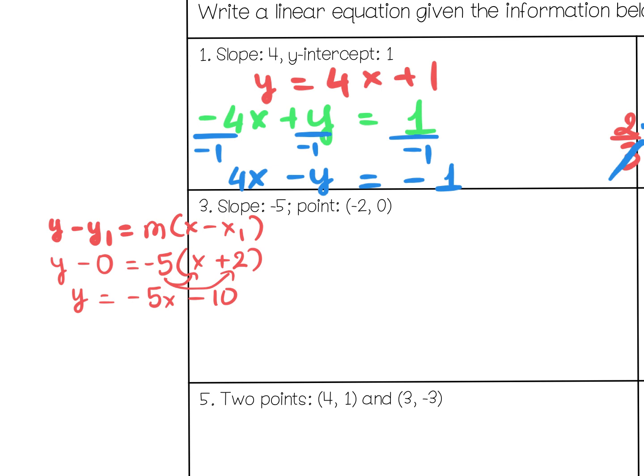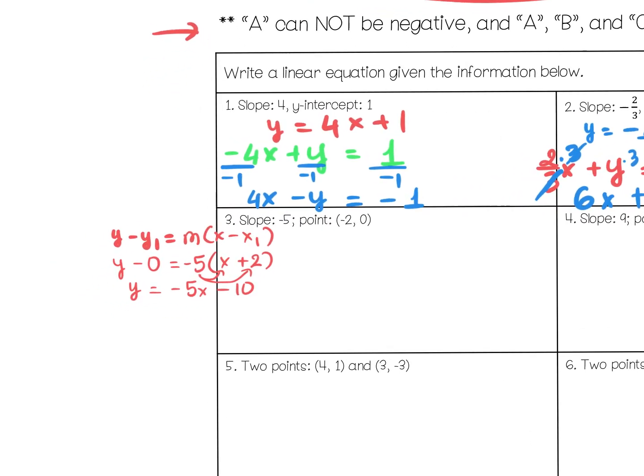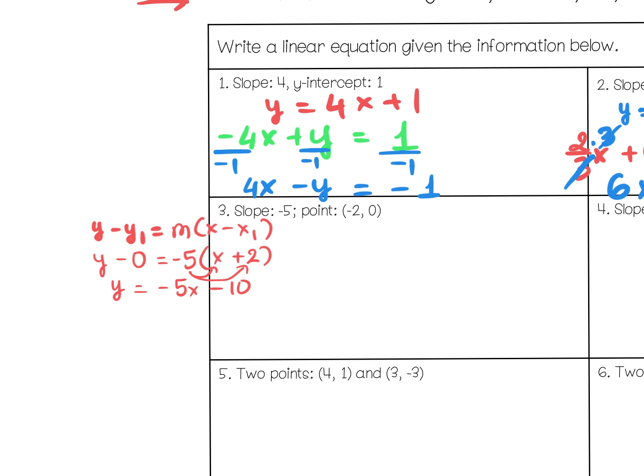I need to convert it into standard form, where the x goes with the y, right? Ax plus by. So I move it to the left, so I add 5x on both sides. So I will have 5x plus y equal to negative 10.